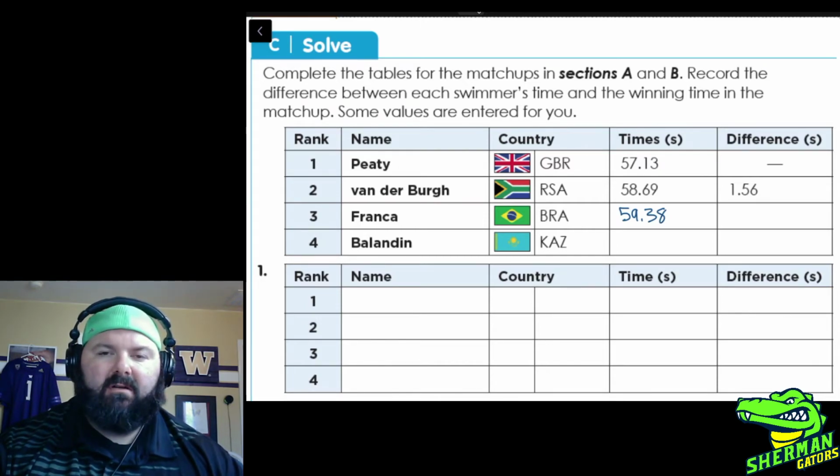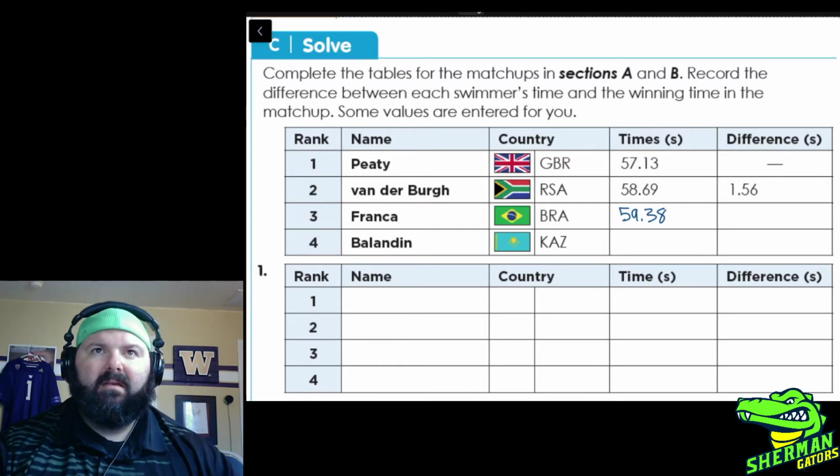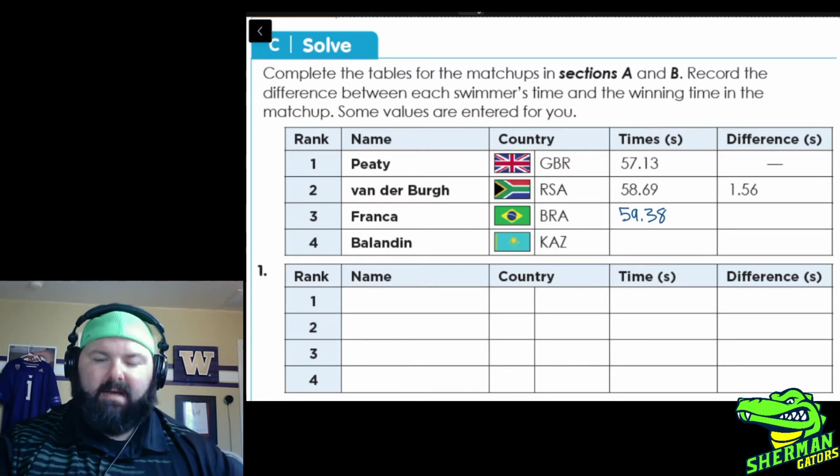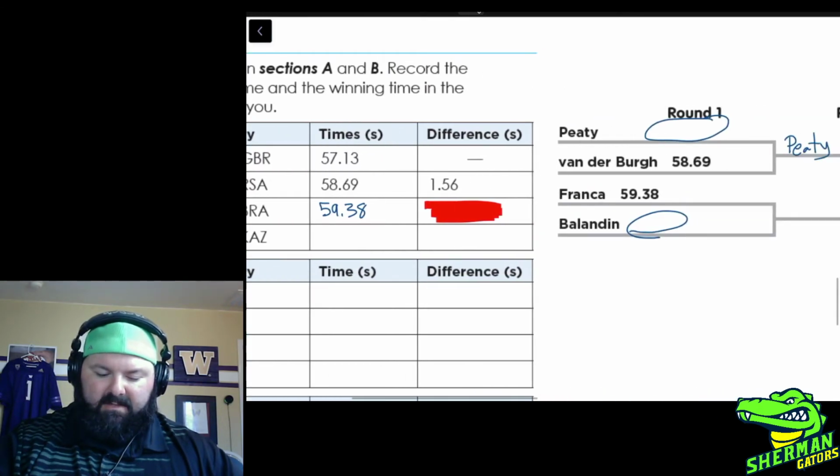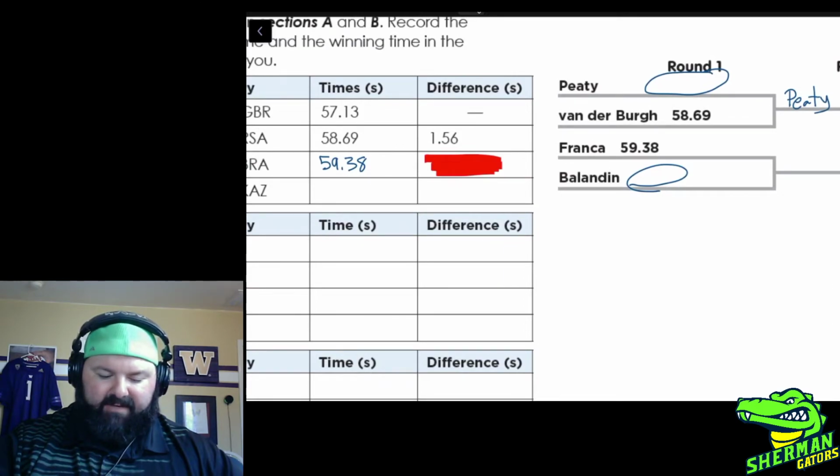So not between each other, we're taking their time and the winning time. So to find this number out right here that we're going to have to put in, I'm actually going to need to do this: 59.38 minus 57.13. So I'm going to just go off to the side.